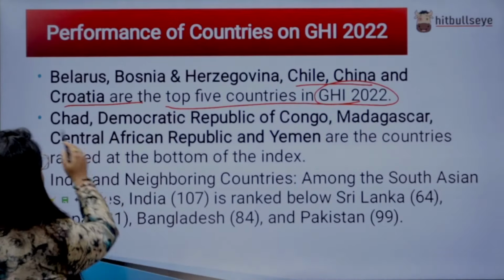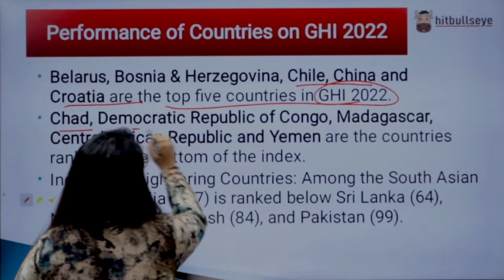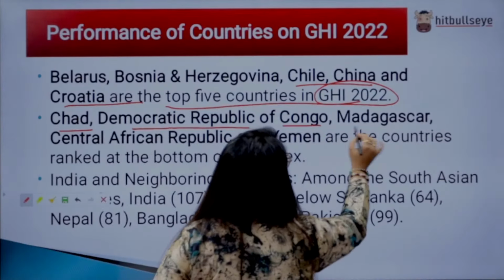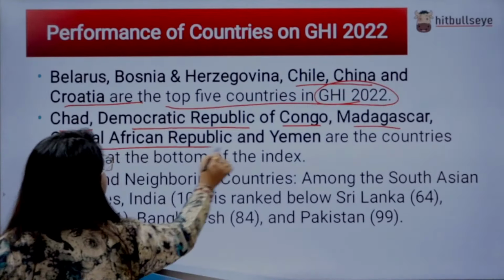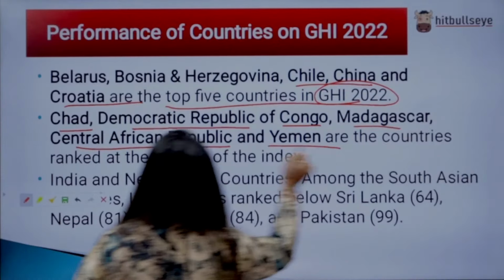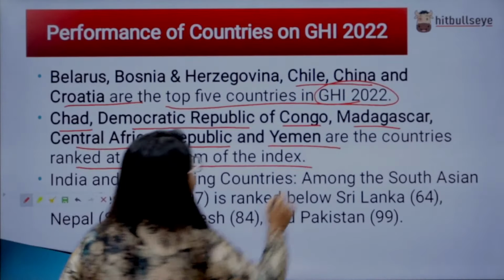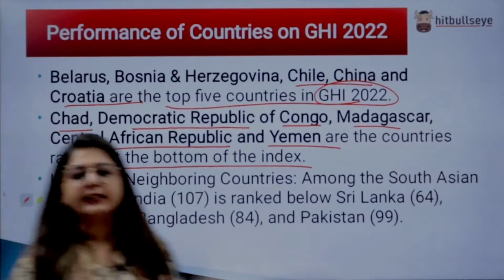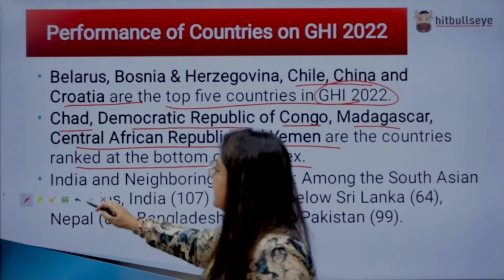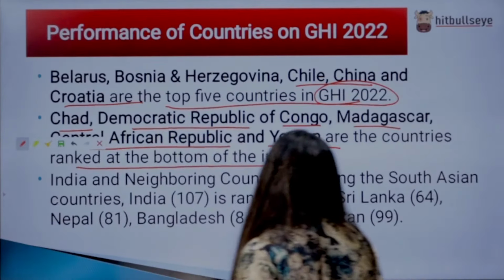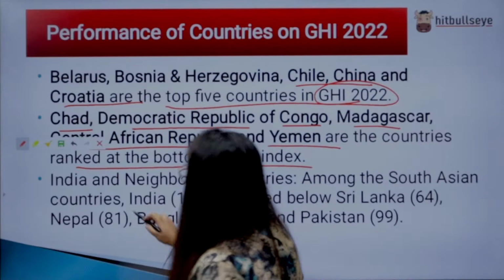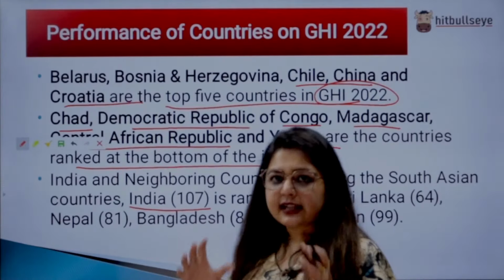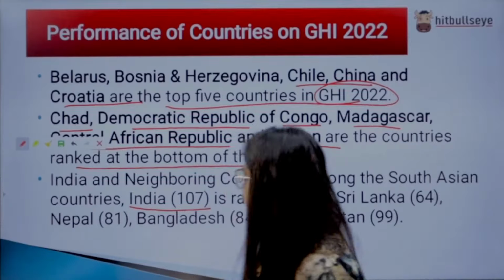On the other hand, Chad, Democratic Republic of Congo, Madagascar, Central African Republic, and Yemen are the countries at the bottom of the index, right? If we speak of India and the neighboring countries, among the South Asian nations, India has ranked 107.